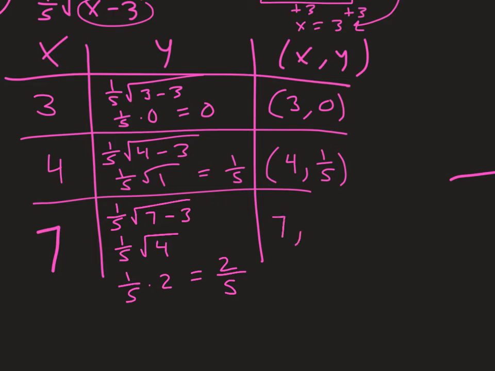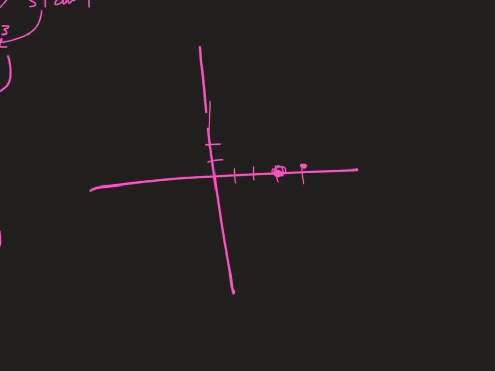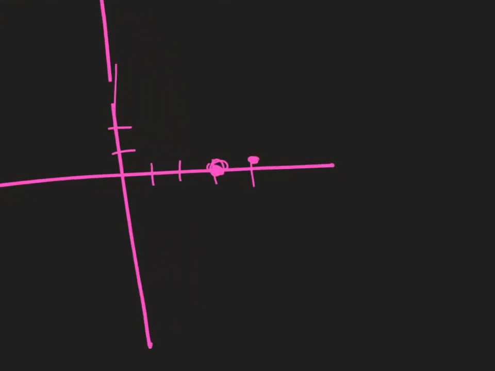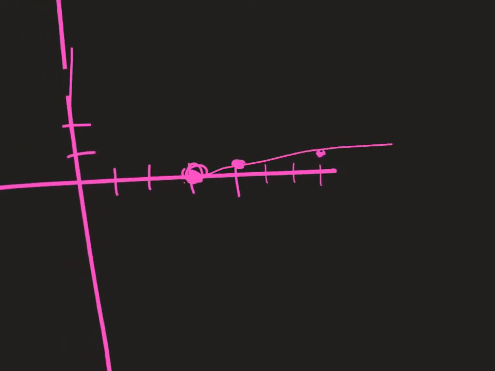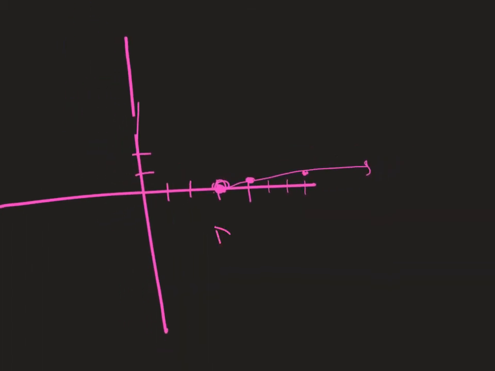So we have 7 comma 2/5. So we're going to go to the right 7, and then we go up 2/5. So 1, 2, 3, 4, 5, 6, 7, up 2/5. So still barely off the ground. And then we just draw our curve. So what is our domain here?